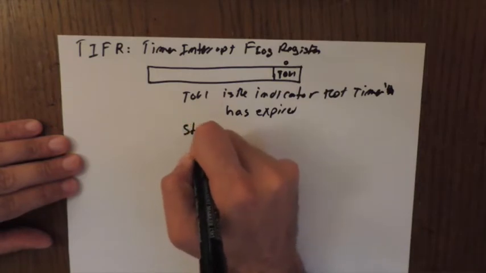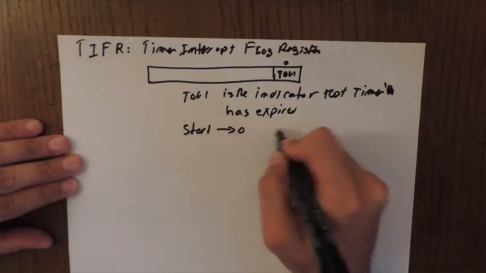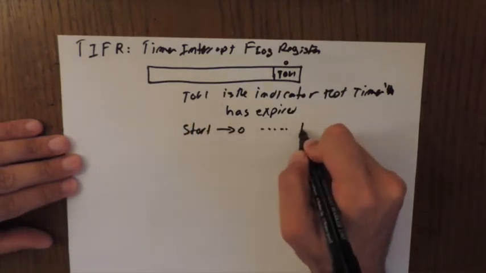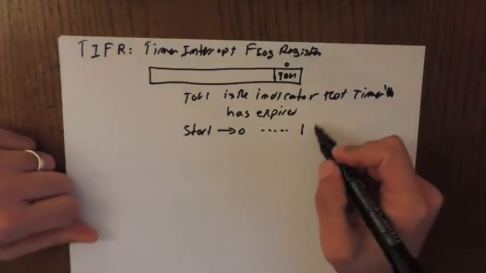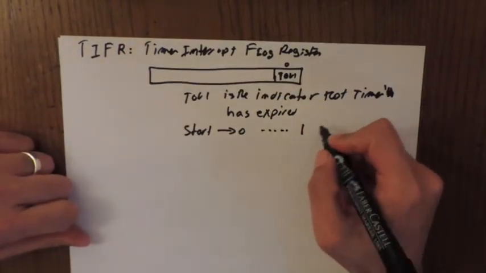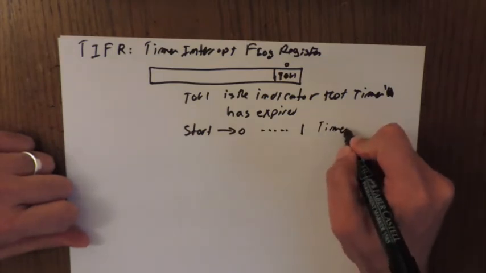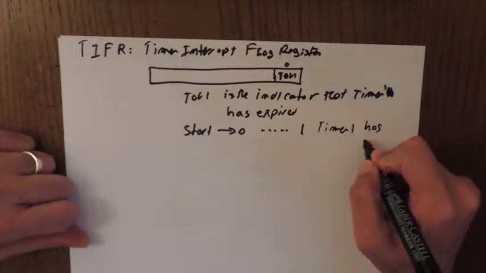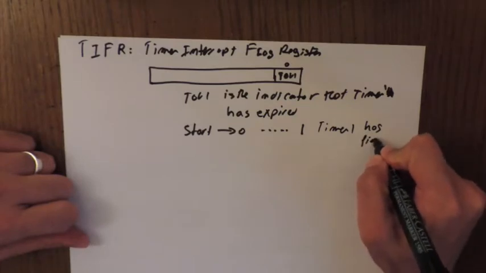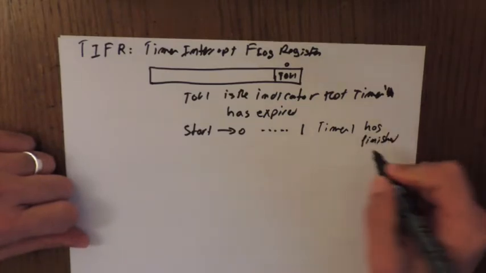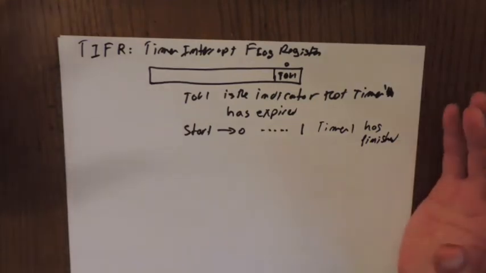So we start with 0 and then it goes to 1. When it turns to 1, this means timer 1 has finished, and the time that I set it up for has elapsed.